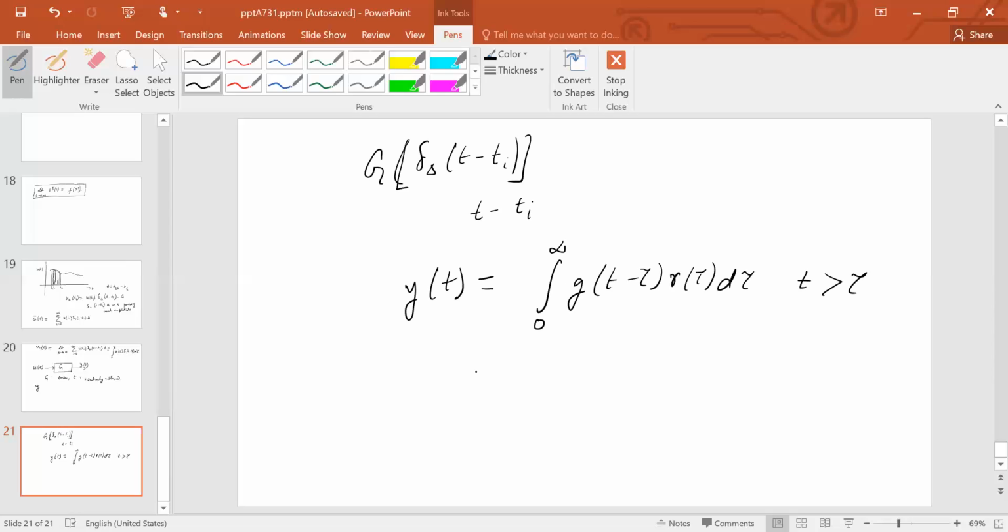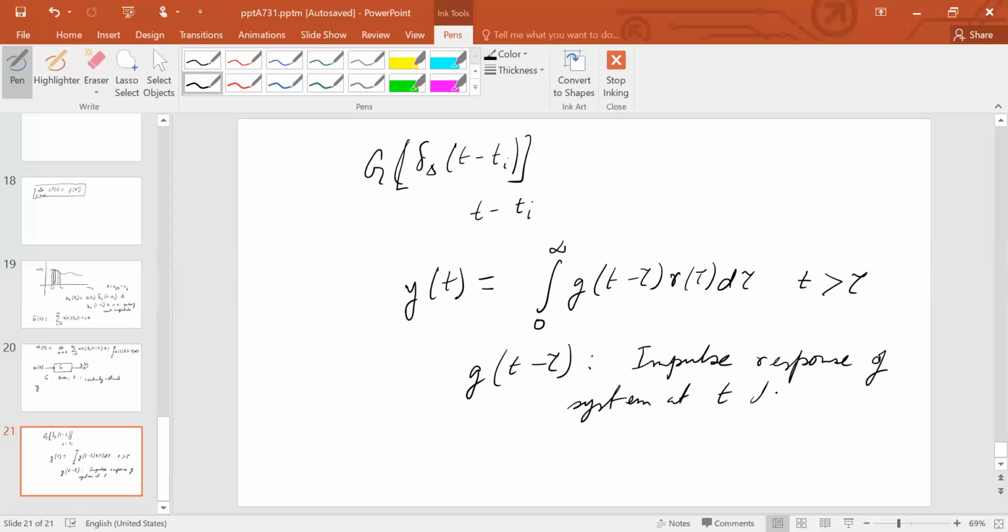Okay, where by the same token g of t minus tau has a special name, that's called the impulse response. Why? Because it is the impulse response of the system at t due to delta t minus tau applied at tau. So this is the impulse response.